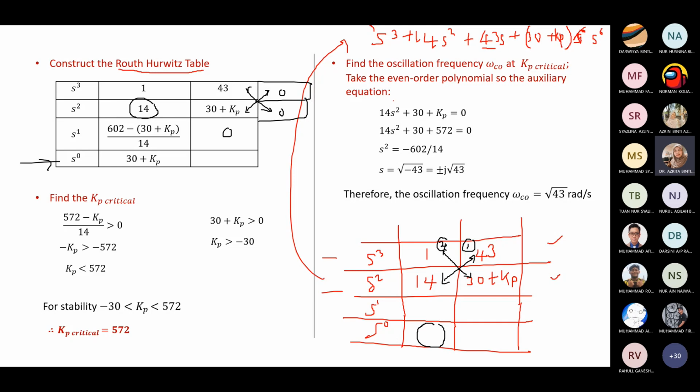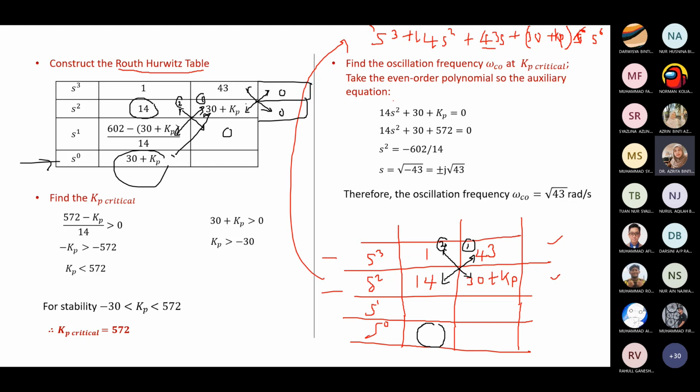We multiply this one first, minus this one, and then we divide with this value. Actually when you do this operation, you will obtain the same value as this one, 30 plus KP.